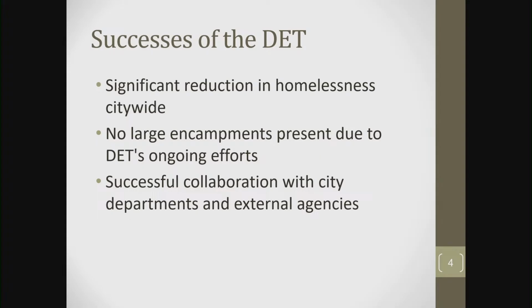The downtown enforcement team has seen a significant reduction in homelessness throughout the city. There are currently no large encampments present due to DET's ongoing efforts. We also have had successful collaboration with city departments and external agencies.